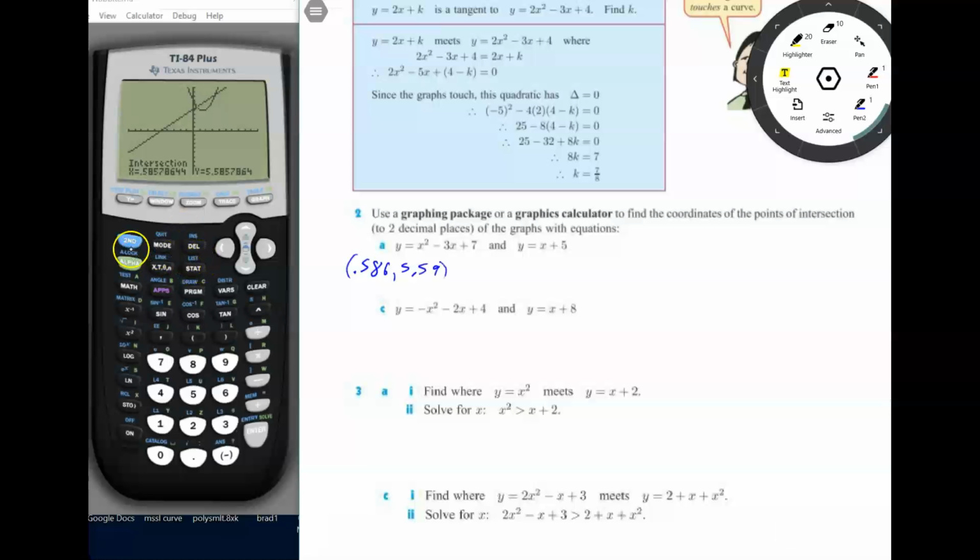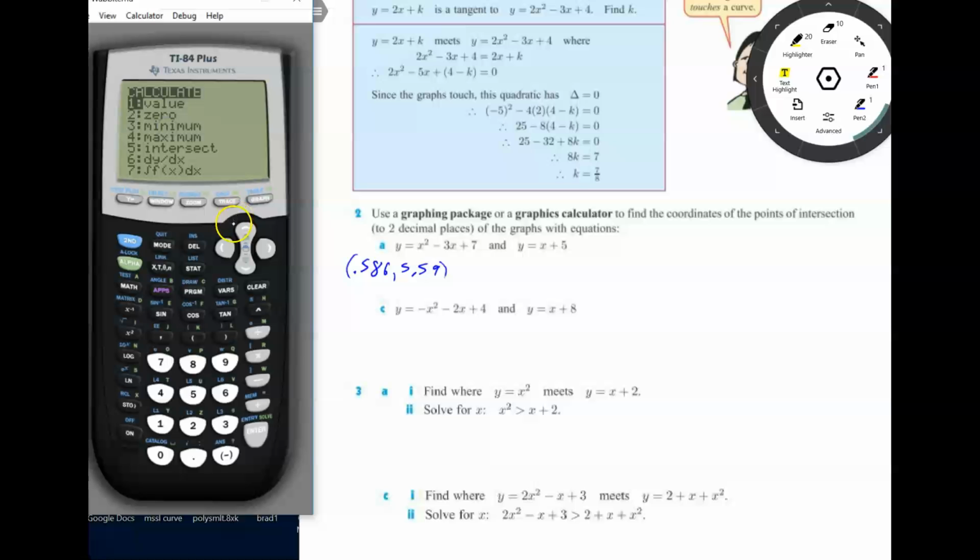So we repeat second calc, intersect, number 5. First curve, yes. Second curve, yes. Guess, enter. Oh, I forgot. I need to move it over, sorry. See, that's the problem. If you don't put it close to the second intersection point, it's just going to find the first one again.